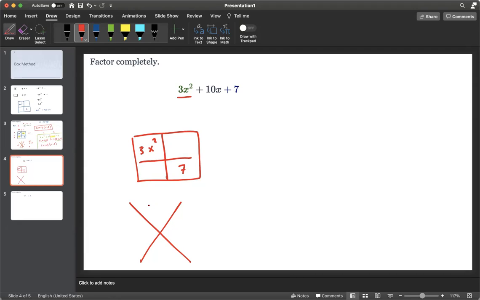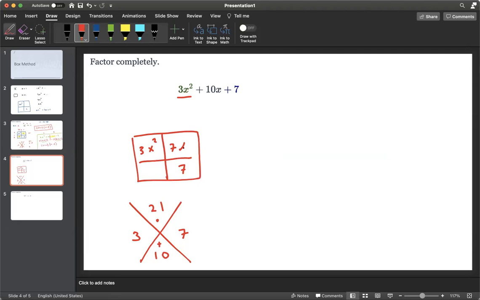A times c, 3 times 7 is 21. The bottom is b, that is a 10. And then we're thinking what 2 numbers multiply to 21, add to 10. That would be 3 and 7.